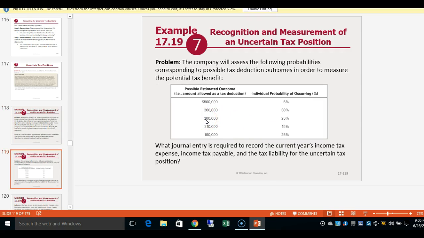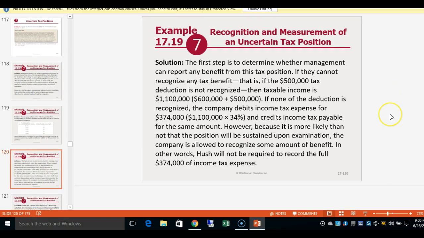So $300,000 would be the amount we use to calculate the recognition of the tax position. The first step is to determine whether management can report any benefit from this tax position.